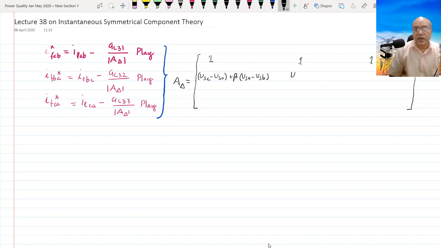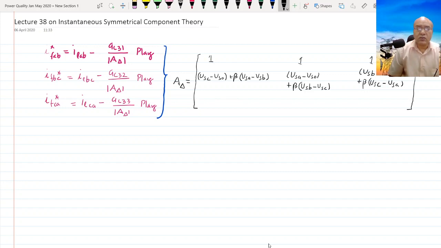Similarly, this is VSA minus VS0 plus beta (VSB minus VSC), and this is VSB minus VS0 plus beta (VSC minus VSA).